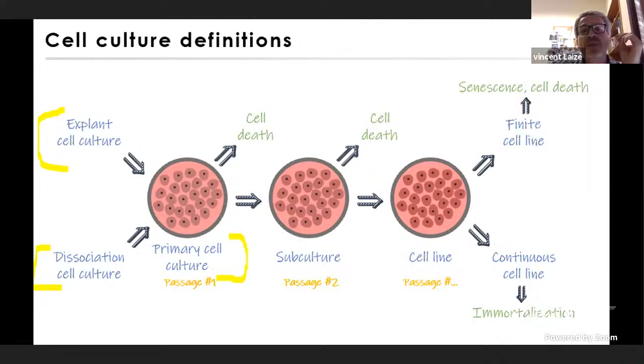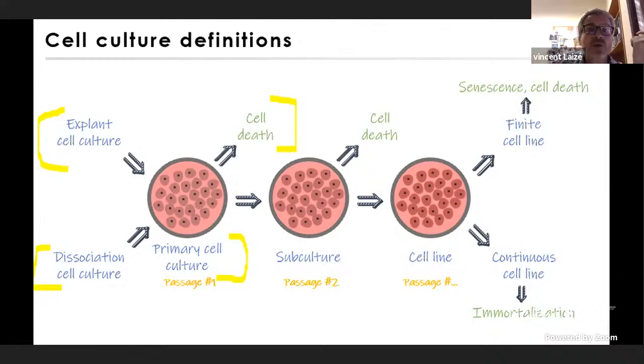On the contrary, explant cell culture is usually used for hard tissue, such as bone or cartilage, where cells cannot be dissociated from the tissue without damaging them, and where an enzymatic dissociation is needed to loosen the cells. So cells of the primary cell culture will adapt to the in vitro cell culture conditions, or they will die. At confluence, we will subculture them.